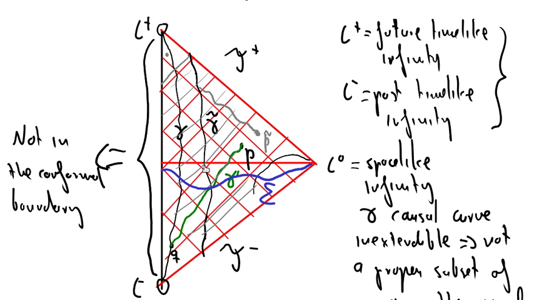So by looking at the diagram, well, it's not a formal proof. The diagram is not giving you a formal proof, but it's giving you a hint that a formal proof is possible. One of these properties is the existence of Cauchy hypersurfaces.